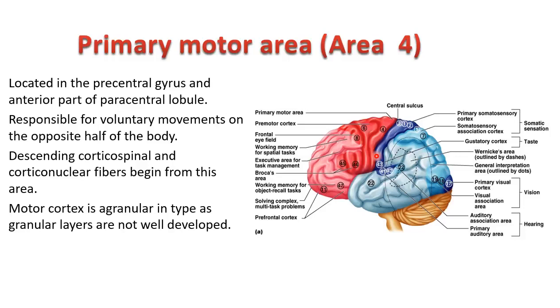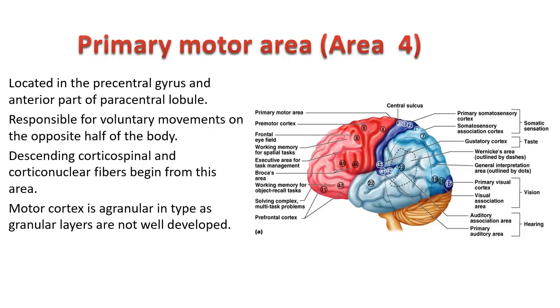The whole cortex can be divided into 6 layers, though all 6 layers are not seen throughout the cortex. That is why the cerebral cortex is a heterogeneous cortex, not a homogeneous cortex like your cerebellum. Area 4, the primary motor area, is mainly concerned with voluntary movements of the contralateral, opposite side. So if this area is lesioned or damaged, you see paralysis on the opposite side of the body.